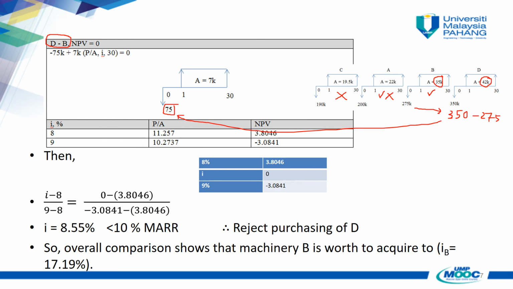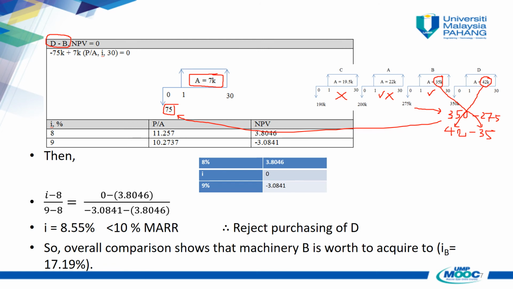Then plus the 42 here, minus the 35 from our B option. We got a new per annum, the value is 7,000. So this will become our new cash flow diagram.